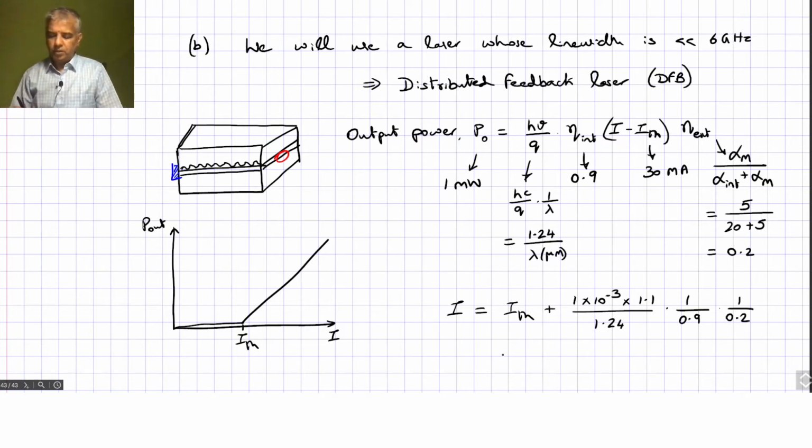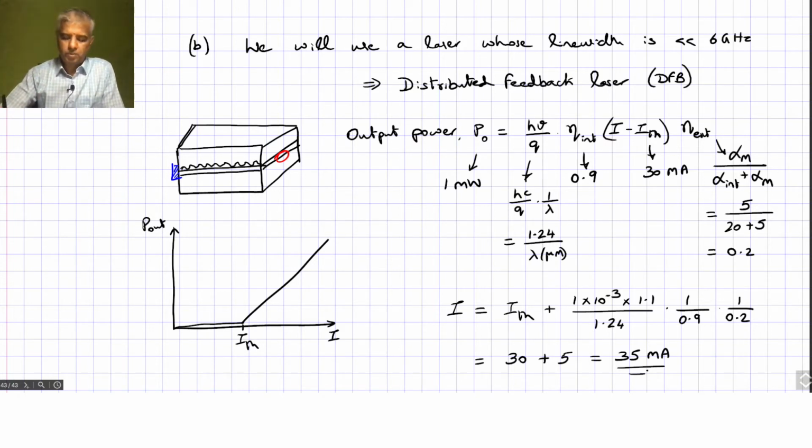If we do all these calculations, this corresponds to 30 plus roughly 5 milliamps, so about 35 milliamps. So you need a drive current of 35 milliamps.